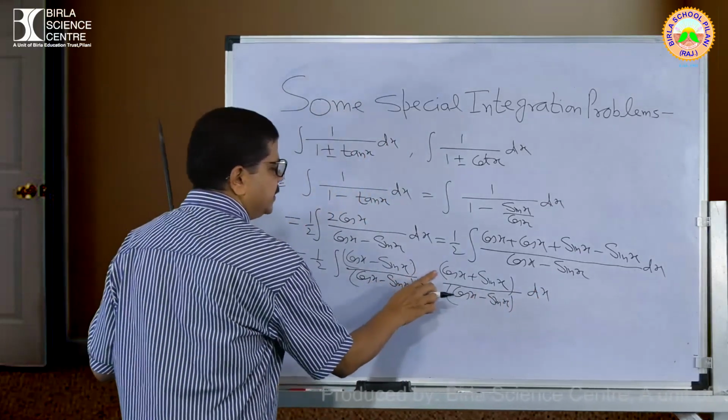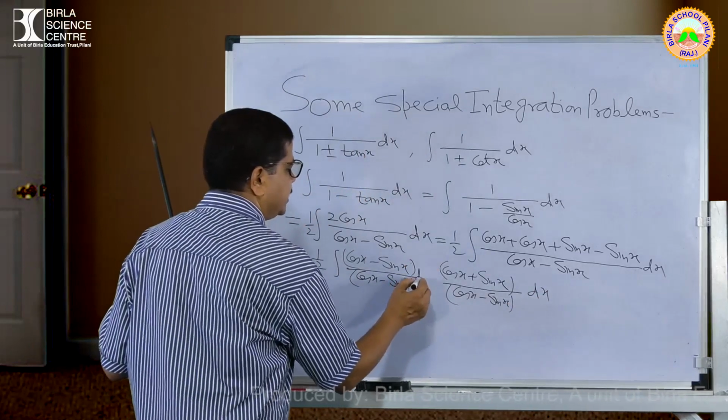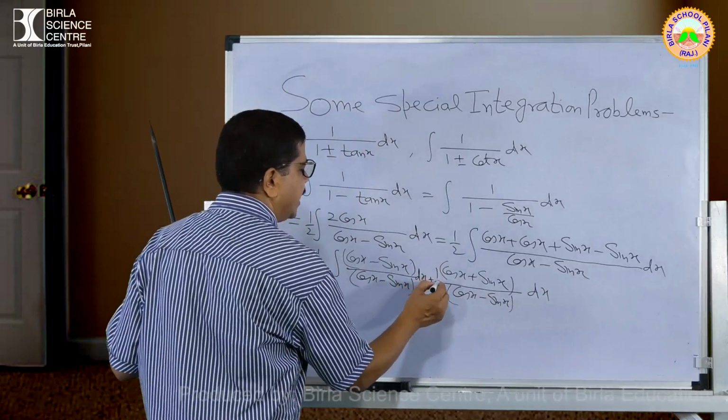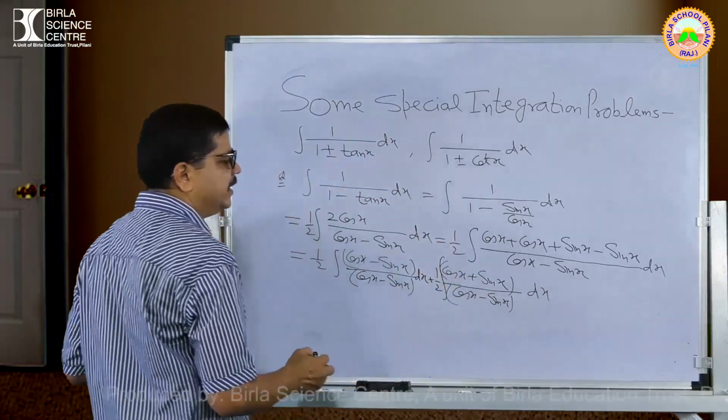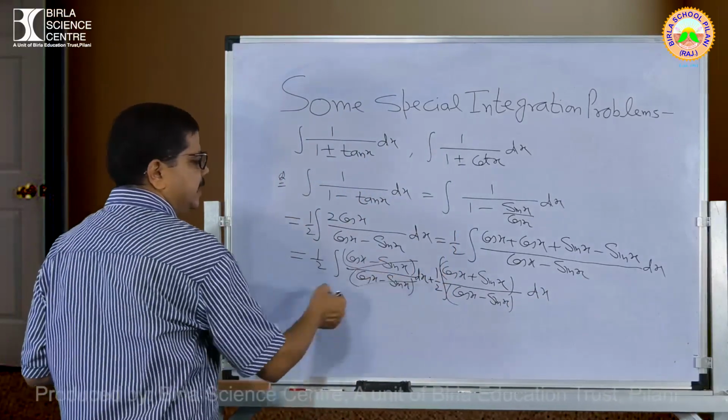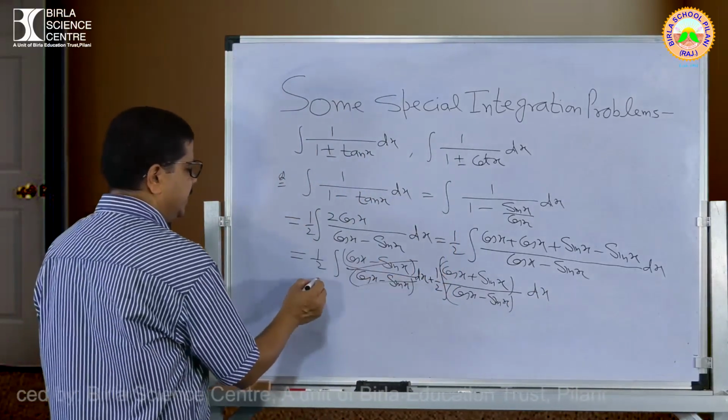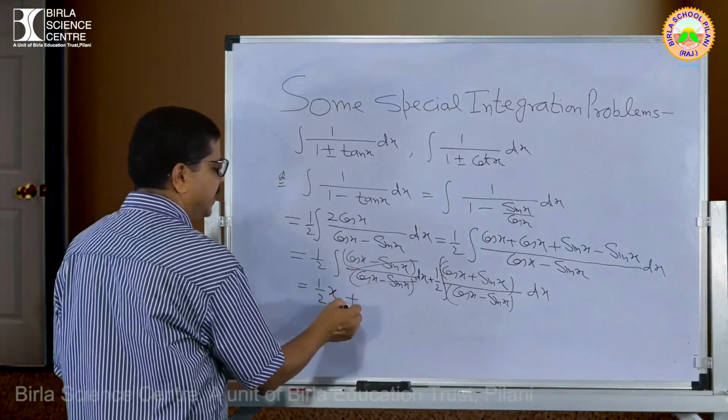So writing these terms separately, this is integration dx plus half integral this. First this cancels out and we see that it is half x plus.